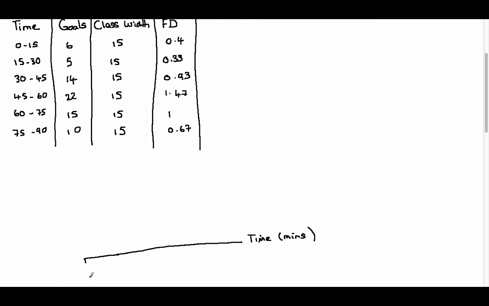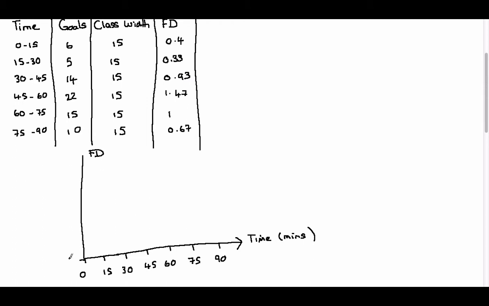So we have 0, 15, 30, 45, 60, 75, and 90. And then on the y-axis, we have the frequency density.